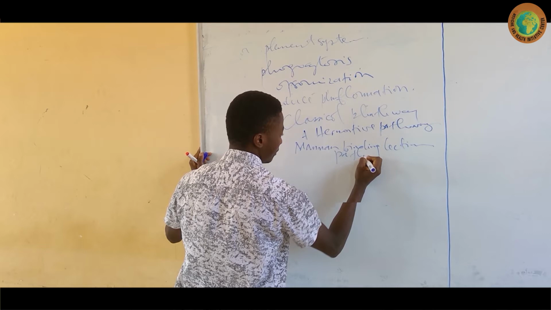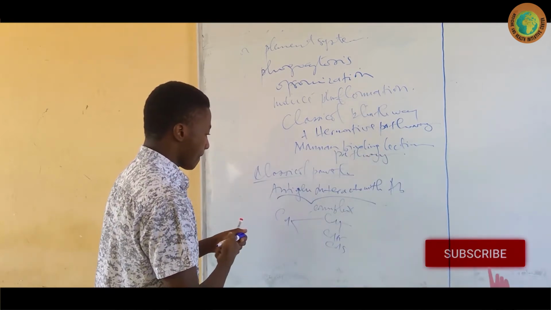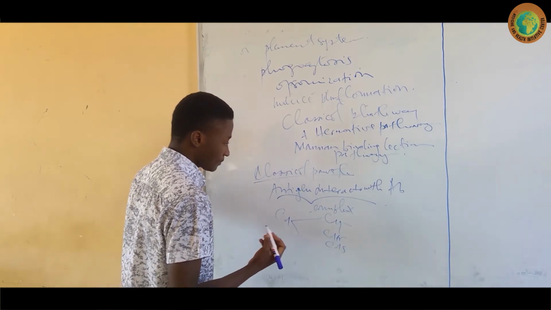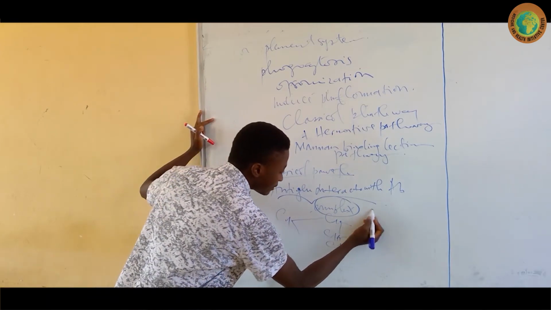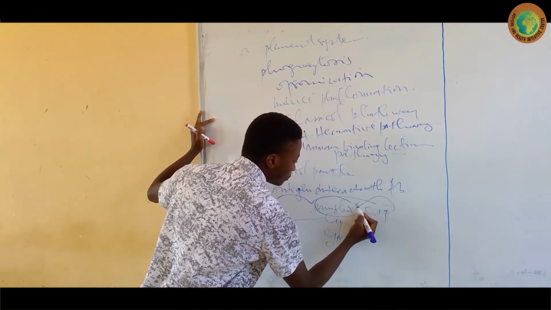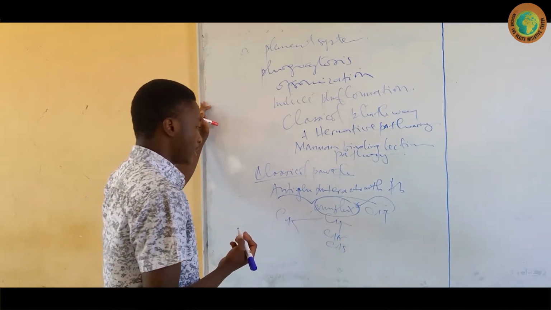We have those proteins including C1, which is made of C1Q, C1R, and C1S. So we are going to start this process and see how it takes place. As this complex is formed, the C1Q will come to bind to this complex to initiate the activation.